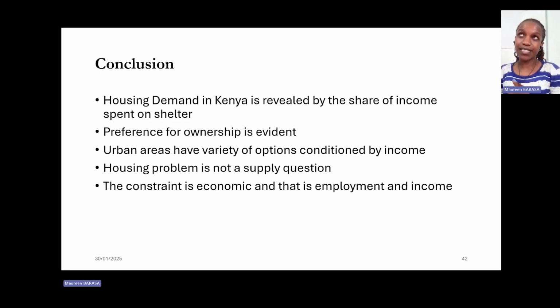Income is what dictates your tenure status, because your income determines whether you'll be renting, leasing, owning, or maybe squatting somewhere. Housing is a basic need, and having shelter is a basic need. But I don't know how it breaks poverty, its role in breaking poverty.